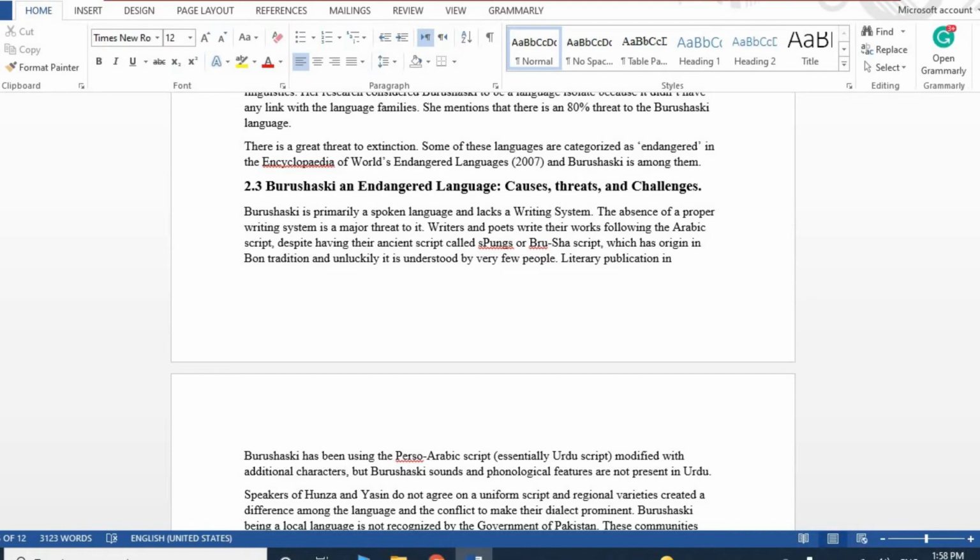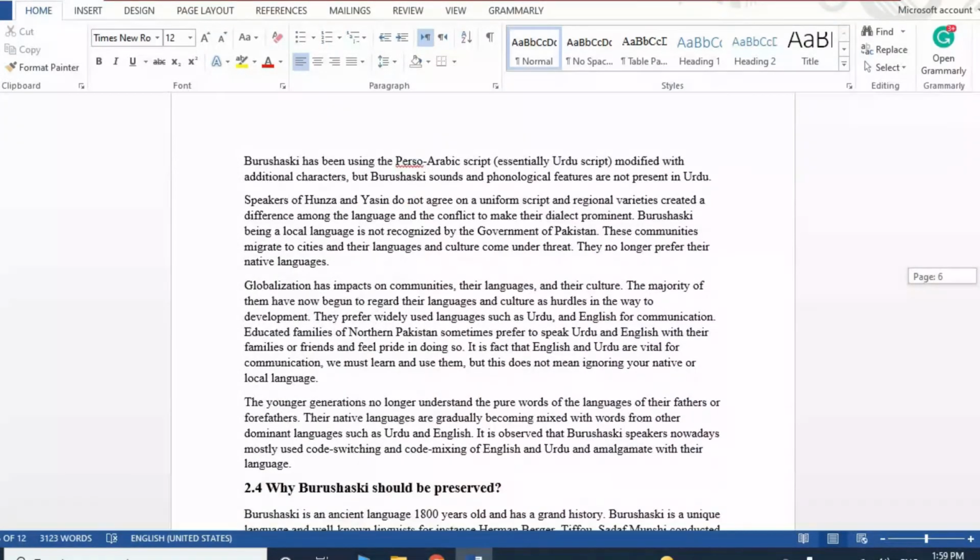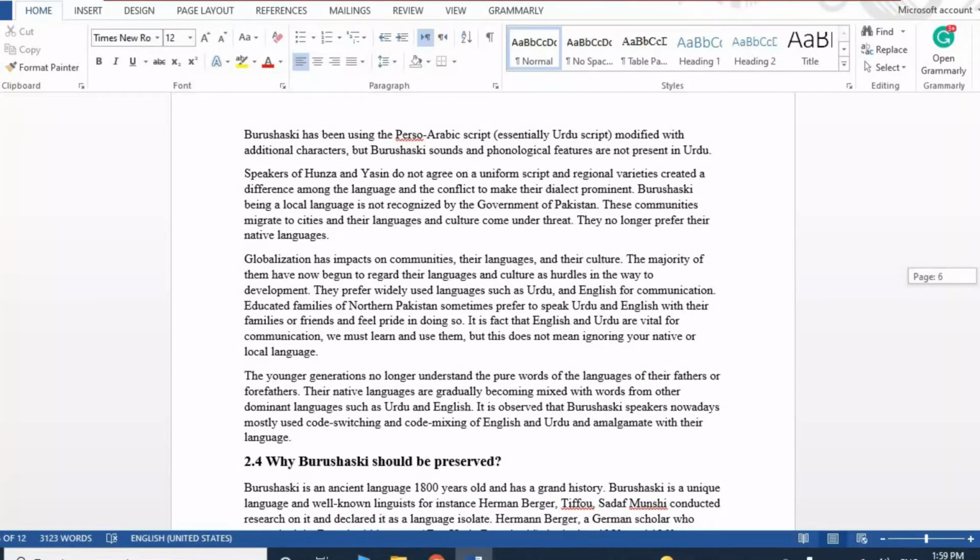Absence of a proper writing system and its script, obviously, and disputes or non-uniformity in the dialects in different regions. That is again a social challenge as well.